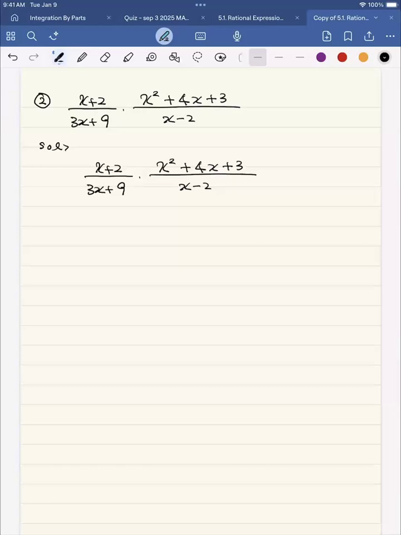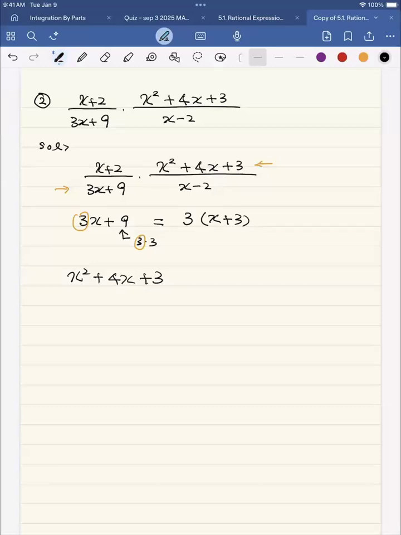We have to decompose the denominator of the first fraction and the numerator in the second fraction before we simplify. 3x plus 9. 9 is 3 times 3, so 3 is the common factor, so we can take that out, then 3 times x plus 3.